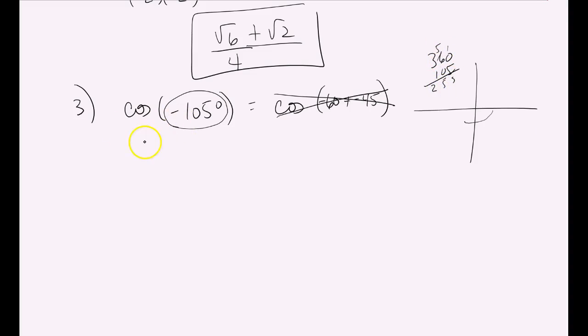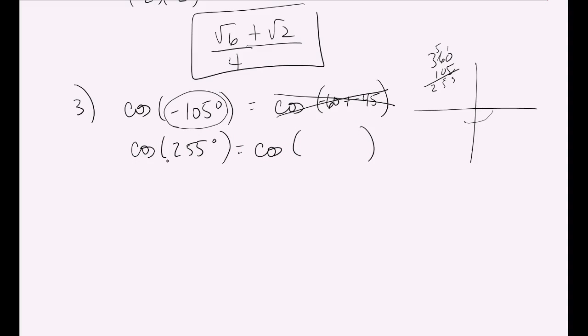Okay, this question is asking me for the cosine of 255. These are the same. And so since they are the same, I'm going to go with that because I think it's going to be easier for me to break apart in my head, okay?